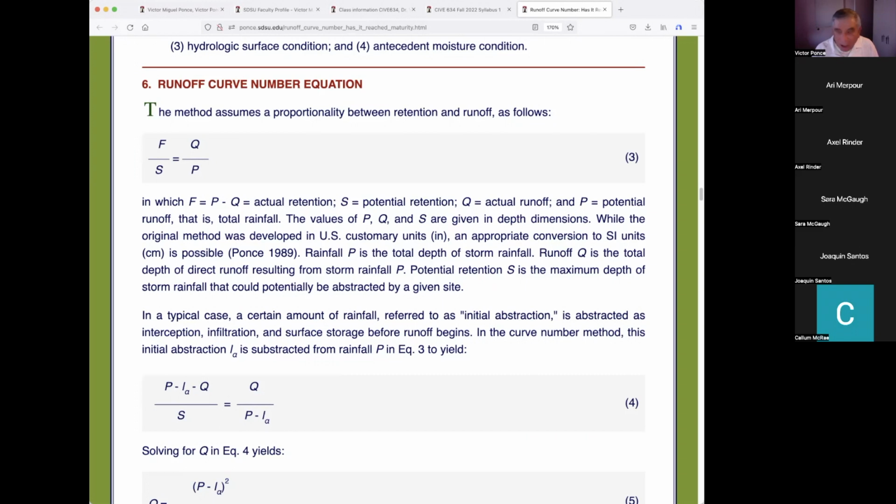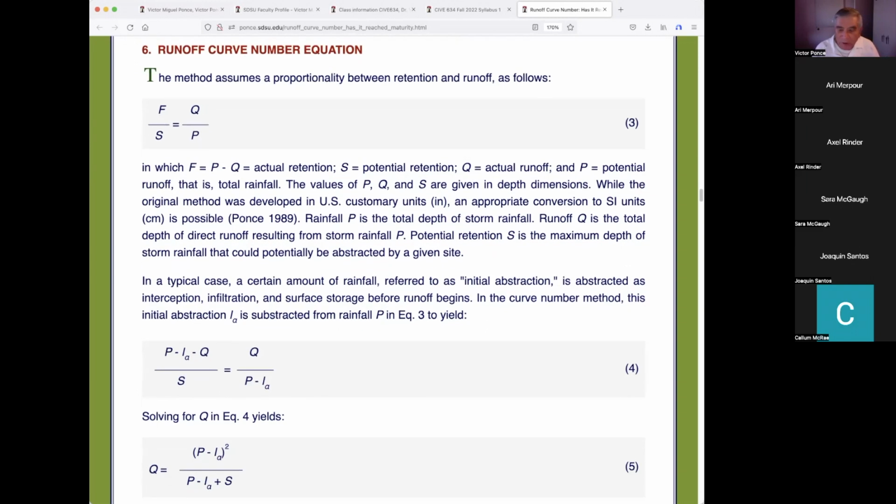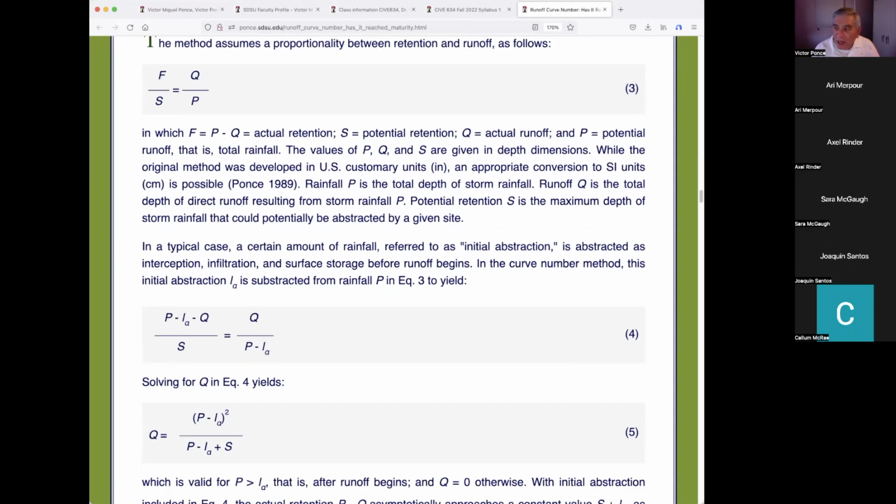The boss said, no, I'm sorry, Vic, you have to introduce the initial abstraction, because we have a team of consultants and they've all agreed that the initial abstraction is necessary, and therefore he had to do it. So that's equation 4. I wanted to query Vic on how he got to this equation. I knew he was going to say the data justified it, but still.